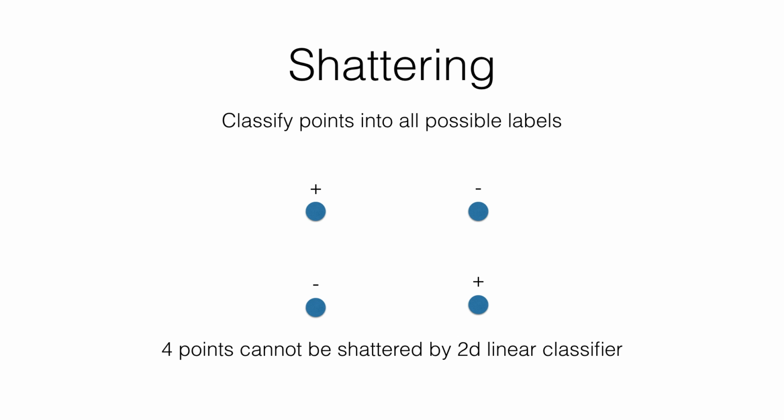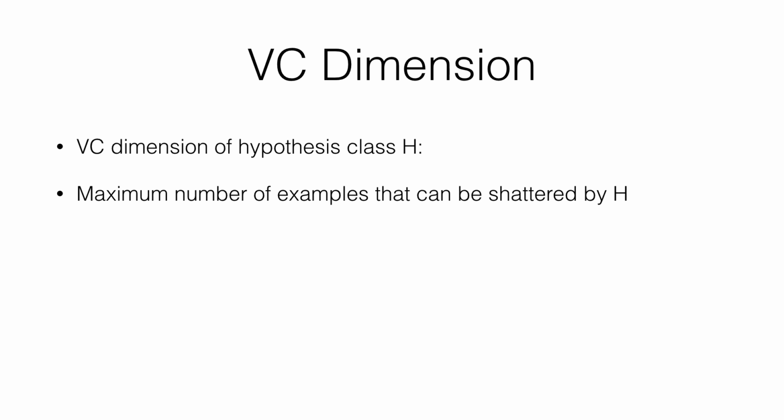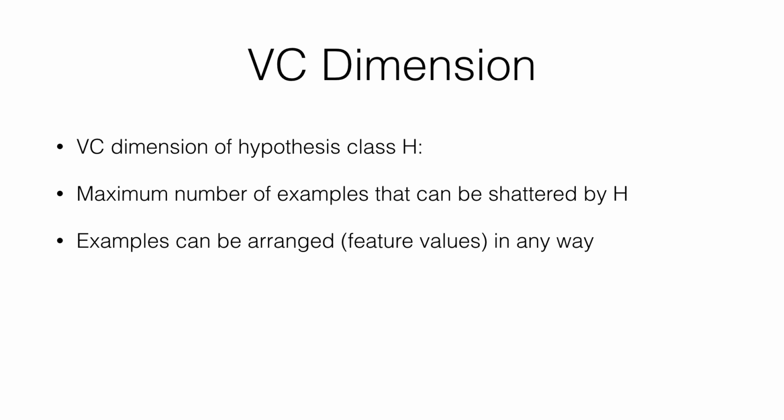With those examples, you now have some basic idea of what shattering means, and the VC dimension is then defined for any hypothesis class H as the maximum number of examples that can be shattered by H. And this is with a few ground rules. One is that the feature values of the points can be arranged in any way, but then they must be able to be shattered in that same arrangement.